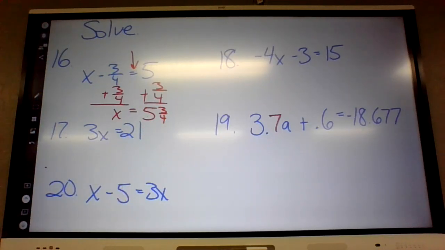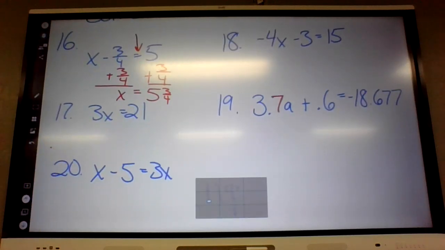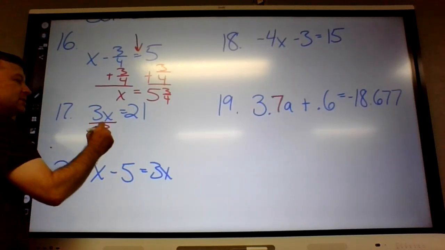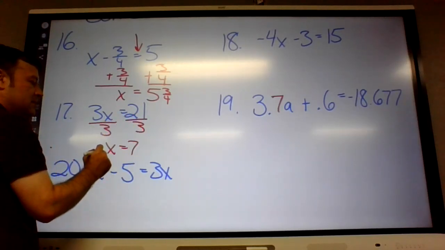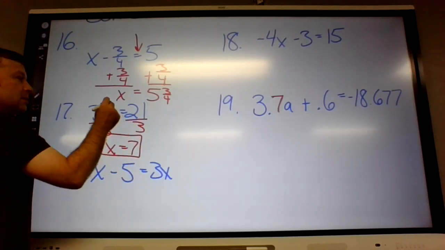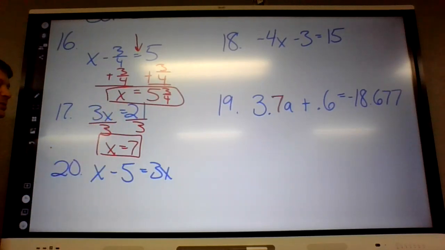Okay, back to Pearson. Pearson, what are we on 17? Divide by 3. Maybe I should have circled that.